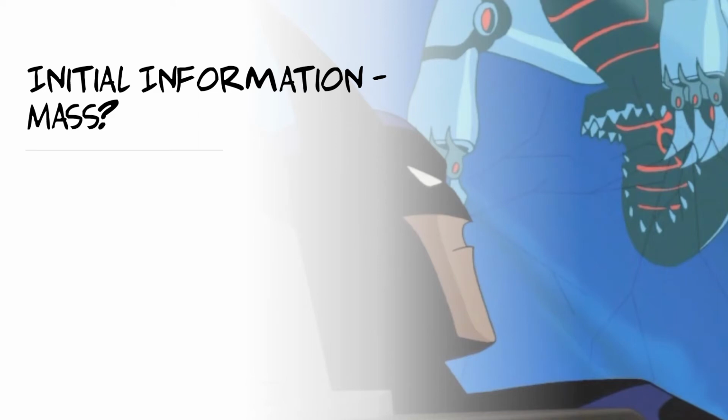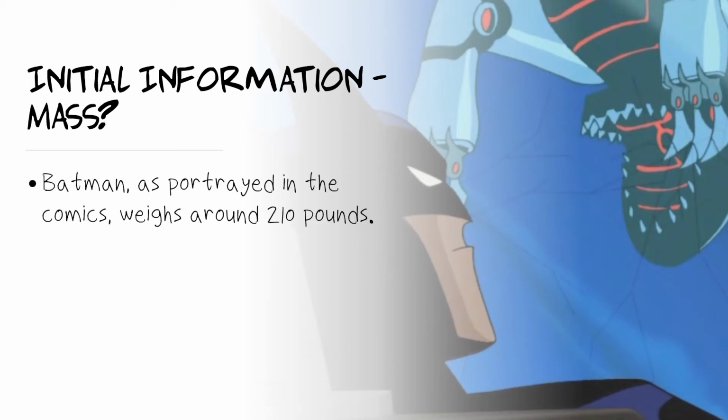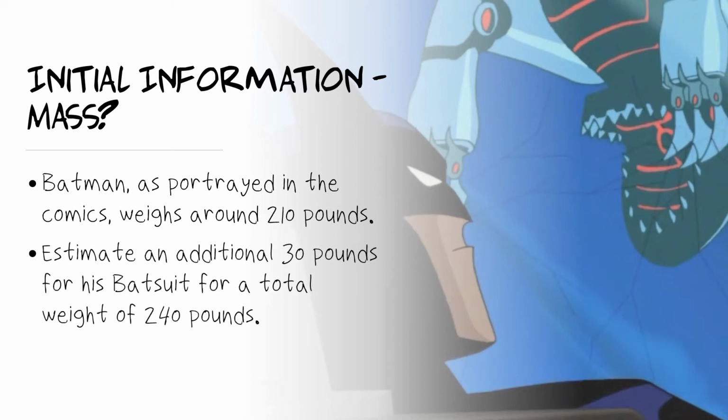Now, in order to solve for the mass, we're first going to talk about weight. Remember, weight and mass are related, but they are not the same thing. According to my extensive internet research, Batman is officially said in the comics to weigh around 210 pounds, and that does not include his bat suit and utility belt.